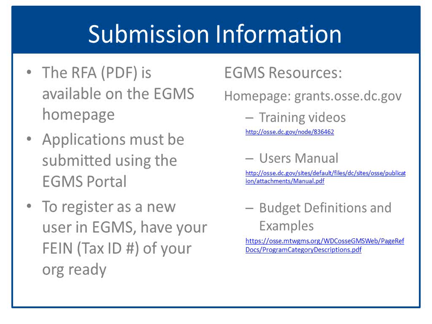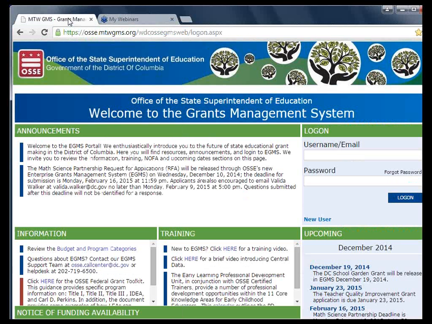If you're familiar with it, this is what OSSI is now using for all of their grants. So you will be submitting your School Garden grant application using the EGMS system. For those of you that haven't seen the homepage or aren't familiar with this, I'll give you a quick glance at it here. So this is what the homepage looks like.